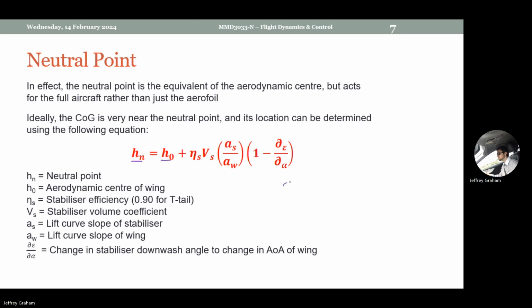So, here it is again very quickly. Neutral point might sit there. This is just to show you some basic numbers. Our chord length might be 2 meters. That distance might be, I don't know, 1.2 meters.